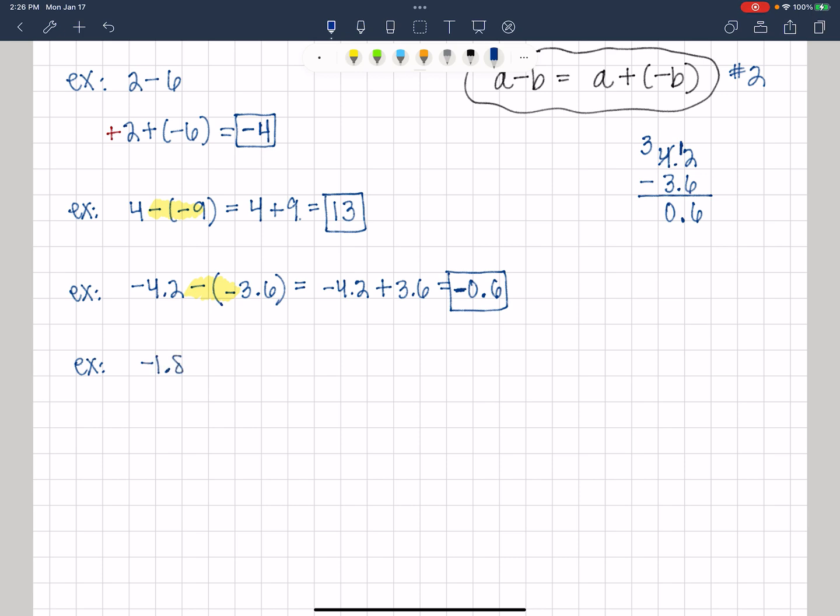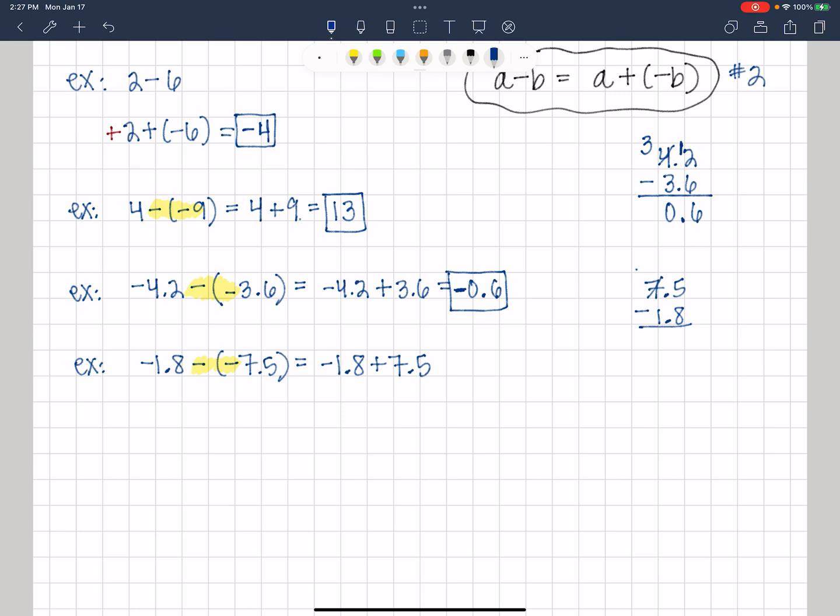Let's try another one of those. Negative 1.8 minus the opposite of 7.5. Whenever I say minus a negative or minus the opposite, I know that I have to take that minus the opposite and make it a positive. So negative 1.8 plus 7.5. Once again, I have different signs, a positive and a negative. Different signs subtract. 7.5 minus 1.8.